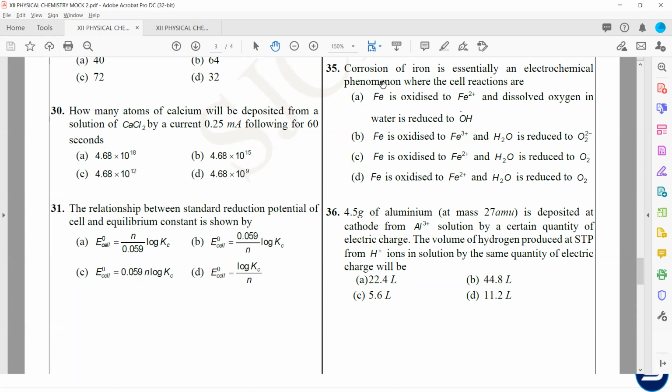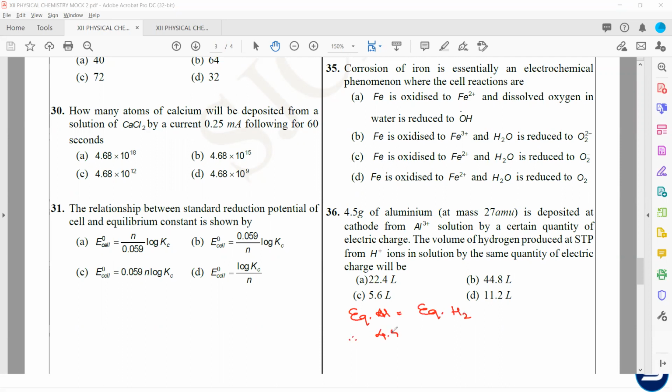Next, 4.5 gram of aluminium is deposited at cathode from aluminium solution by a certain quantity of electric charge. Volume of hydrogen produced at STP by the same quantity of electric charge will be? On one side mass is given, on the other side volume is asked. So you just apply the concept of equivalence. Equivalence of aluminium will be equal to equivalence of hydrogen.